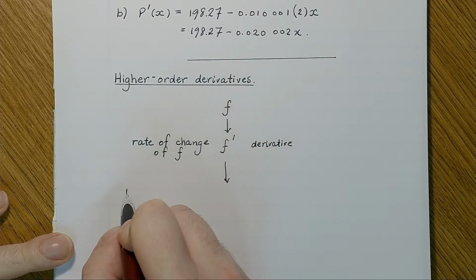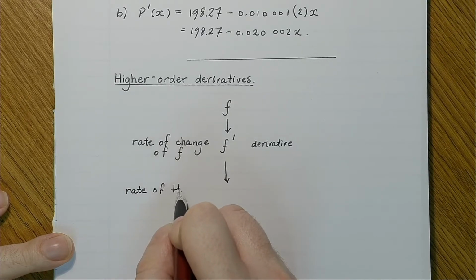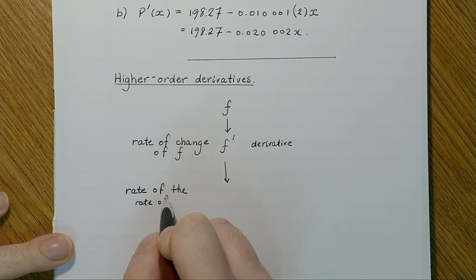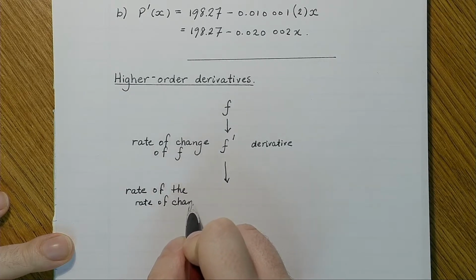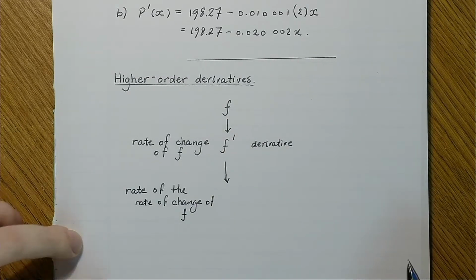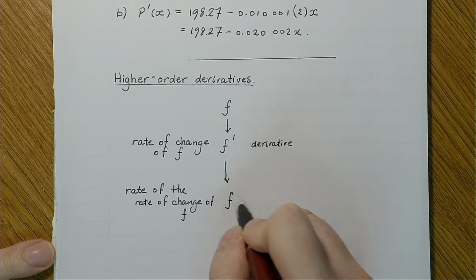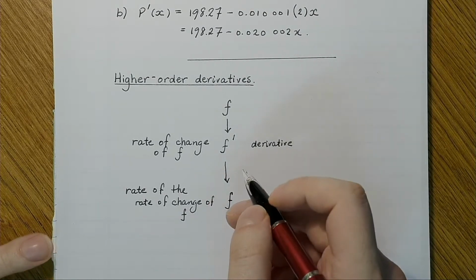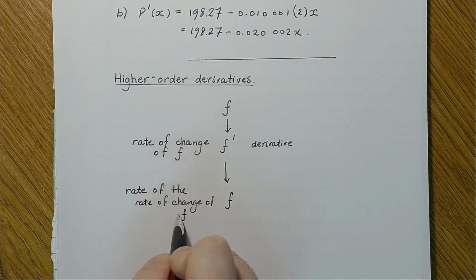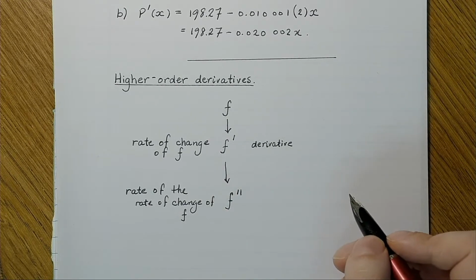So let's say that we could look at the rate of change of f. Now, what does that look like? Well, if we used one little prime for this rate of change, and if we want to do the rate of change of that, then we're going to use two primes.